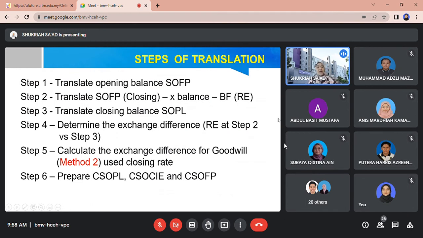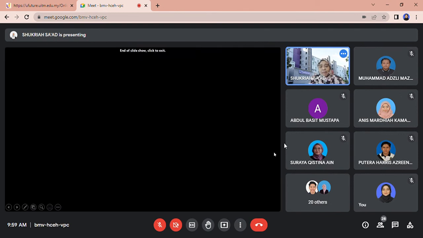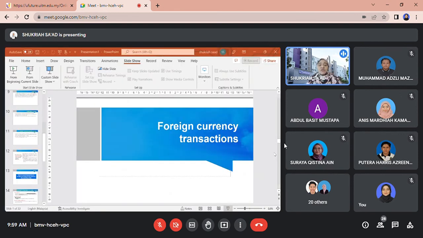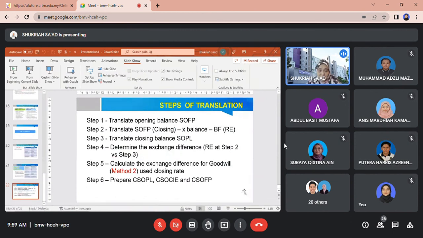Okay, step number 4, kita determine the exchange differences, maknanya yang missing value tadi. Okay, so number 5, kalau you're using method number 2, so you also need to calculate the exchange difference for goodwill. Okay, and then last one, baru boleh prepare SOPL, SOCE and SOFP. Okay, so basically yang you all perlu tahu.